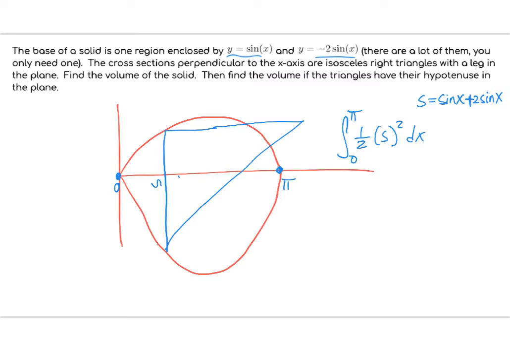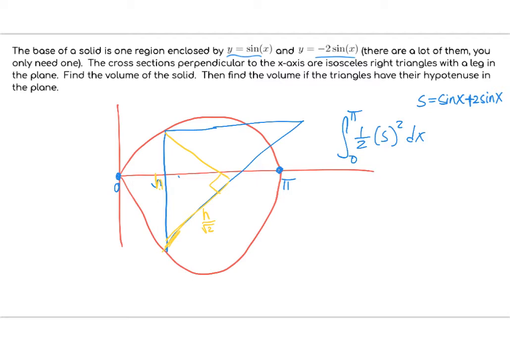All right. For the second part, we're being asked to do the same thing, but if these triangles have their hypotenuse in there instead. So we talked about this, and if that were the hypotenuse, each of these would be that divided by the square root of 2 to get there.